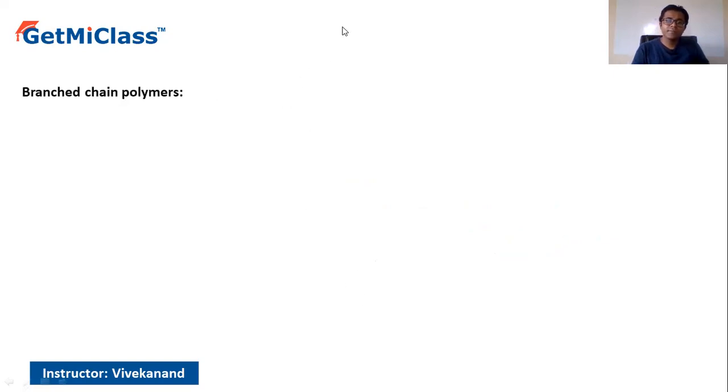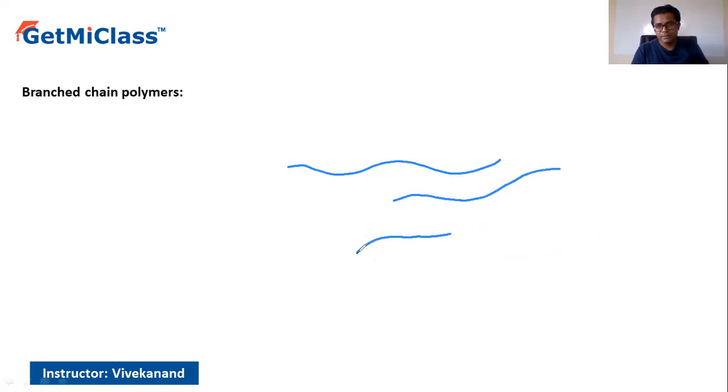Branched chain polymers are, let's say there is a chain like this. These are my linear polymers, right? The only difference between the branched chain polymer and the linear chain polymer is that in these cases, you will see a small branching over here, somewhat like this.